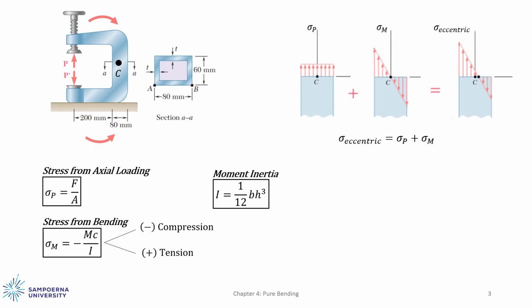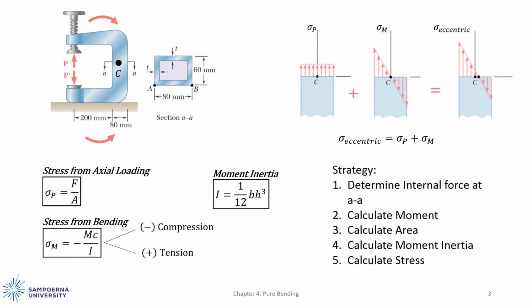Then the strategy for solving this problem. First, we already know the formula for stress. Then we still need the force, which is the internal force, and we need the moment. So first, we calculate the internal force and also the moment at section AA.